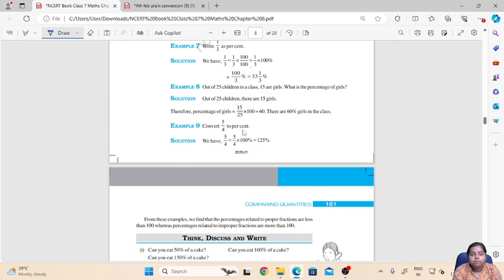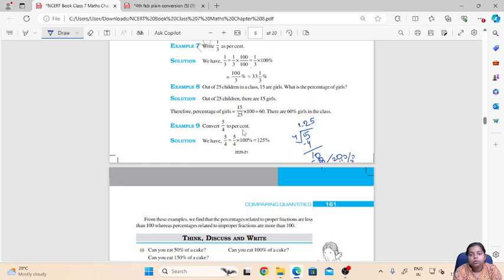Now convert this 5 by 4 to percent. 5 by 4 multiplied by 100% will give 125%. So we have to do the calculation here. First you divide this and then you multiply. For example, if we divide here, 4 ones are 4, correct? 1 0 we take, here we'll get the point. 4 2s are 8, here it will come as 08. 4 5s are 20.